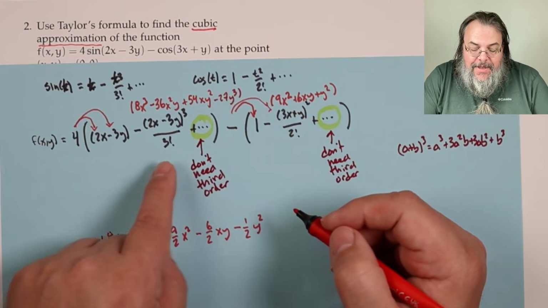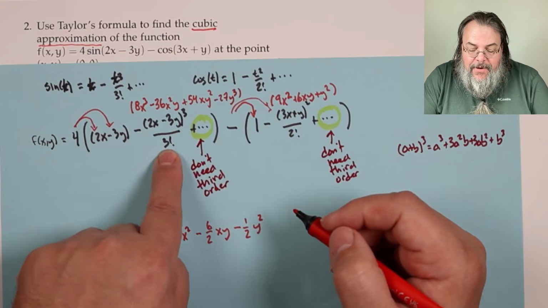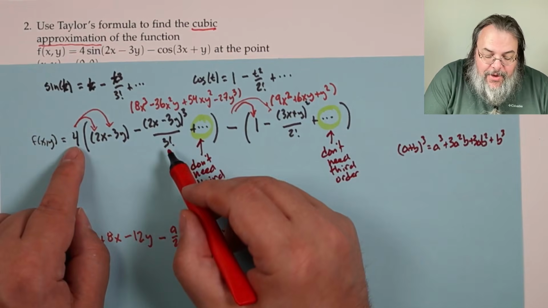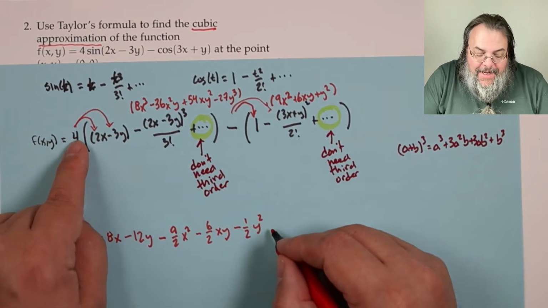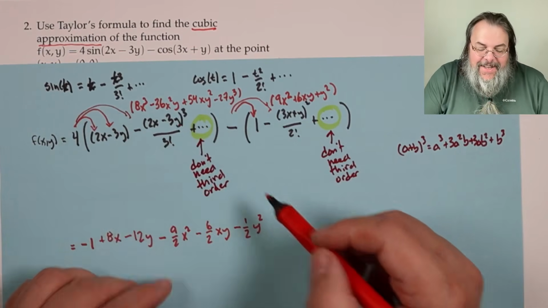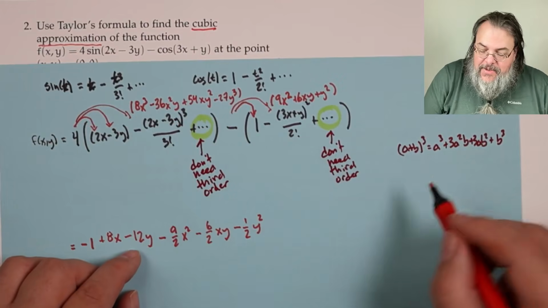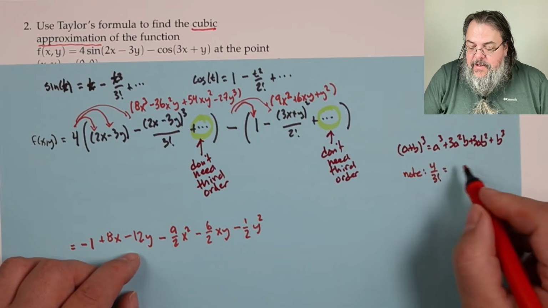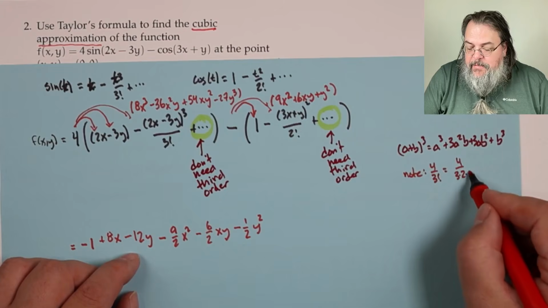Remember that we're going to multiply by 4, and we also have this divide by 3 factorial. So when you do that, I'm going to go ahead and note 4 over 3 factorial. That's 4 over 3 times 2 times 1.